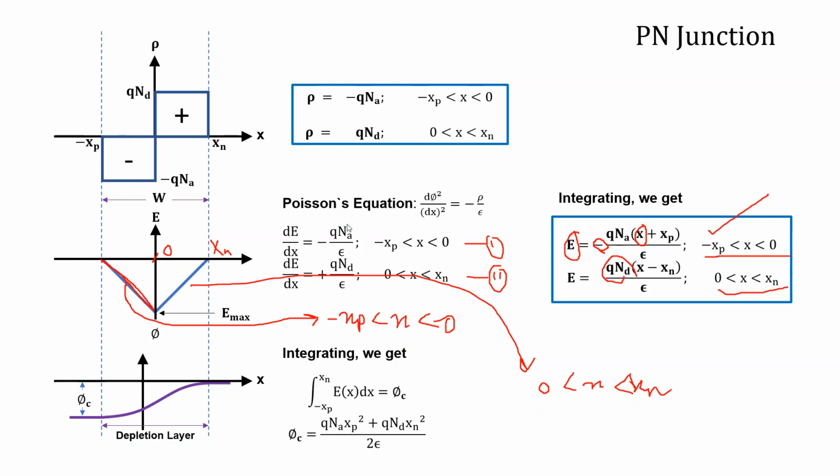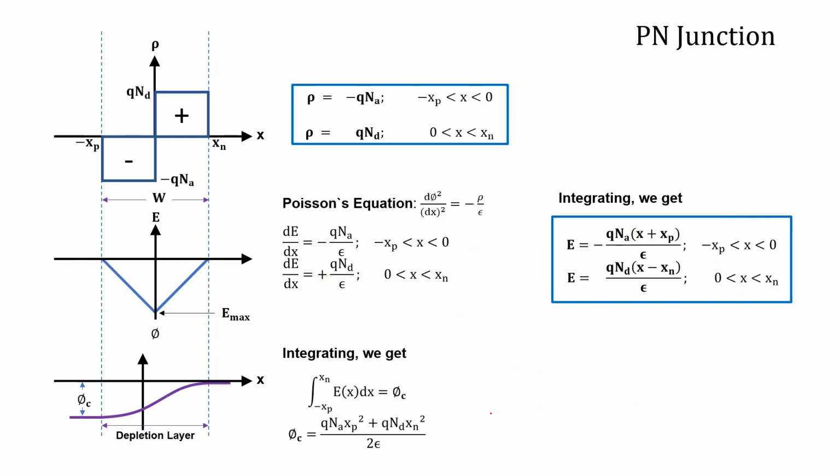Now if you want to find out the potential, we simply integrate E with respect to x, because d phi by dx, as discussed just now, is equal to minus of E. So we just integrate E dx and then we will get phi. So similar thing is done. We have taken the integral of this electric field. There are two regions.